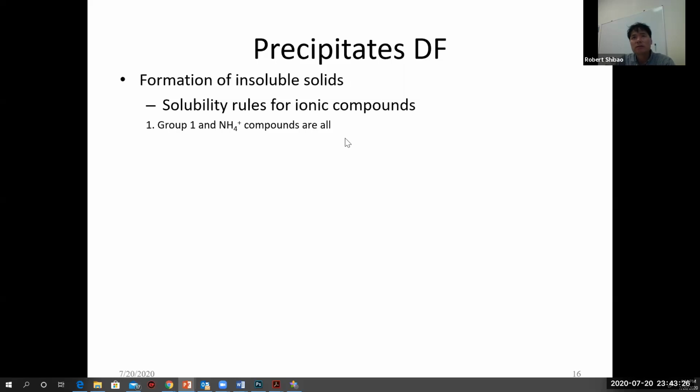You notice the soluble ones are low charge, like group 1 are all +1, and the insoluble ones are higher charge, like +2, +3, or -2, -3. Those are more insoluble, less reactive, more stable in terms of the compounds that they form.